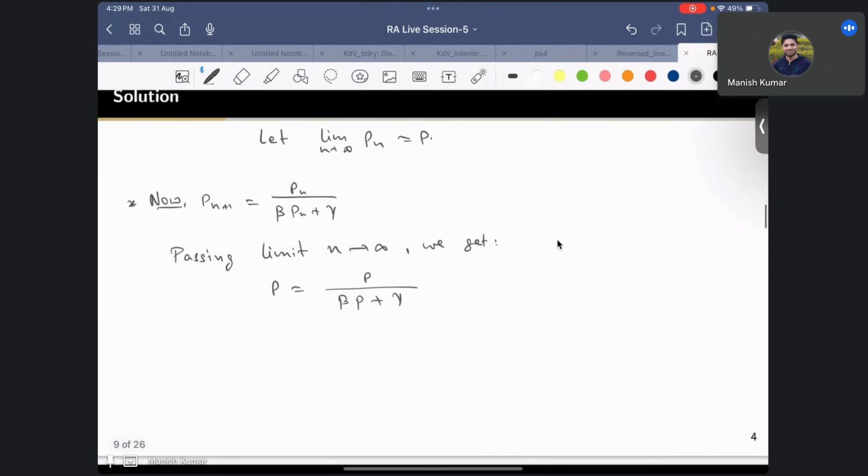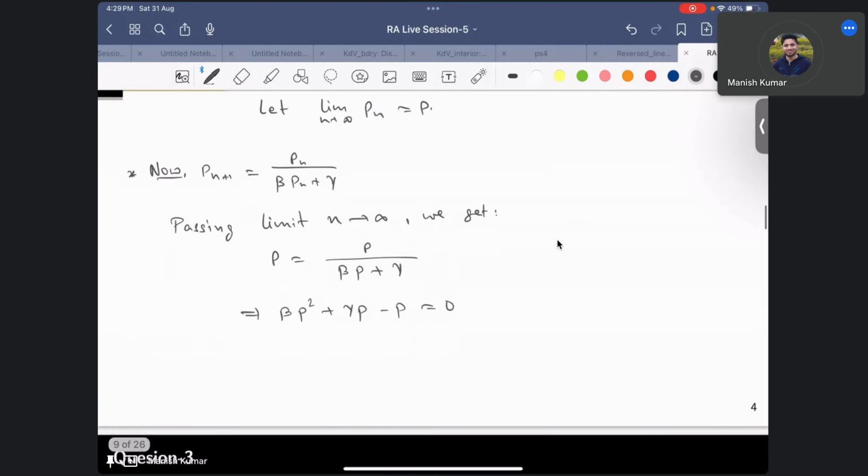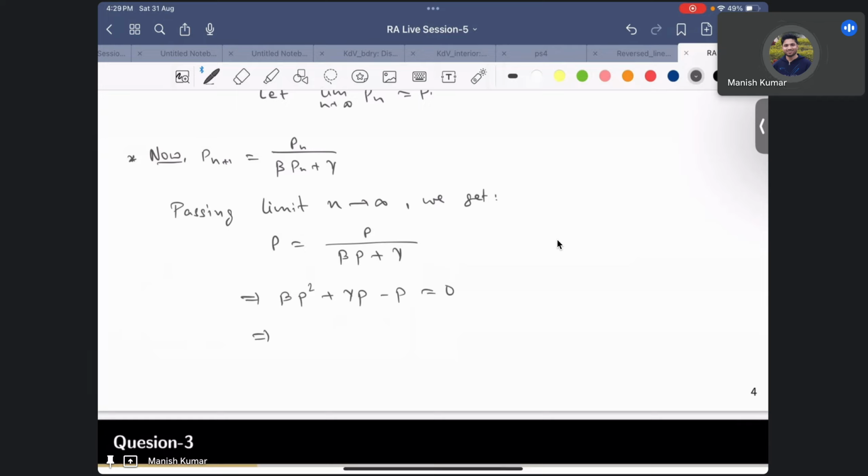So if we try to solve this one, I'll get beta P square plus gamma P equals P, which is minus P, equal to 0, right? Over here I can take P common, so what I get is P times beta P plus gamma minus 1 is equal to 0.